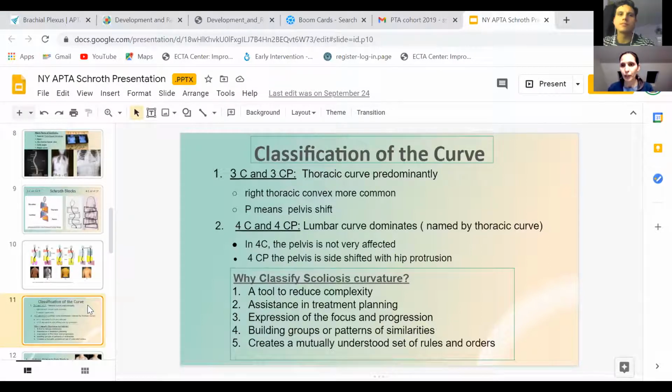Here's the caveat though. Even if it's a 4C, you always name it by the thoracic. So let's say my thoracic has shifted posteriorly, but the lumbar is larger, I still will call it a right 4C. Okay, so that's just quick terminology.